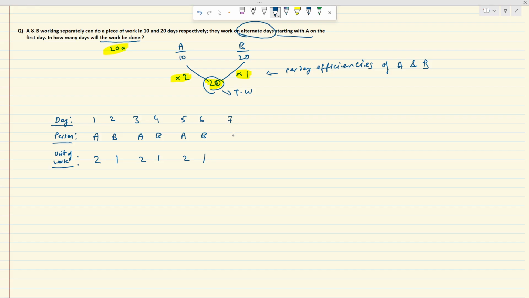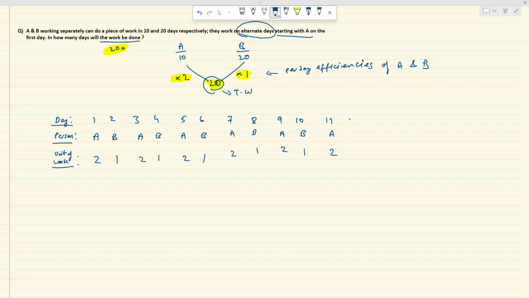Again on the seventh day, A is working, completing 2 units of work. On the eighth day, B completes 1 unit. On the ninth day, A completes 2 units. On the 10th day, B completes 1 unit. On the 11th day, A completes 2 units.